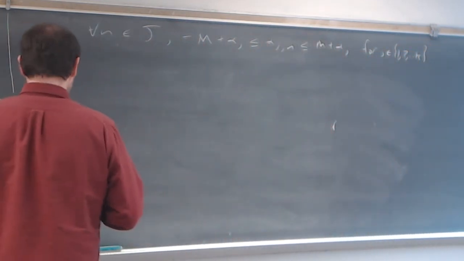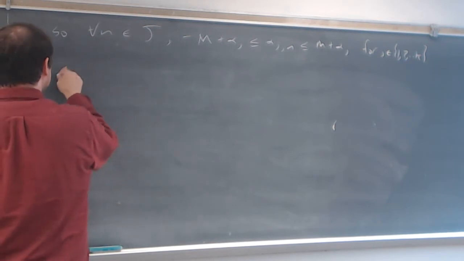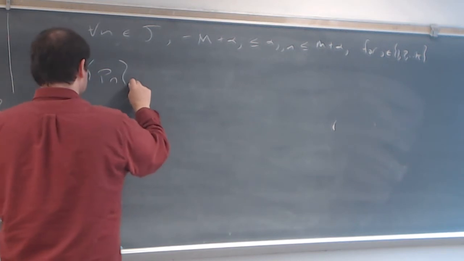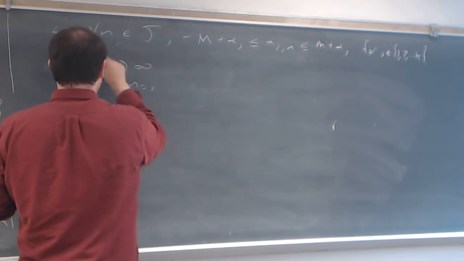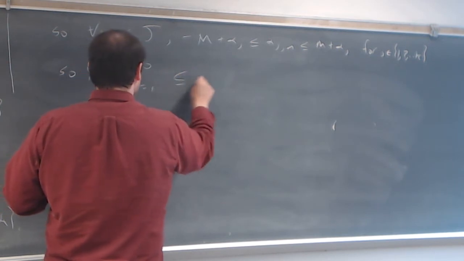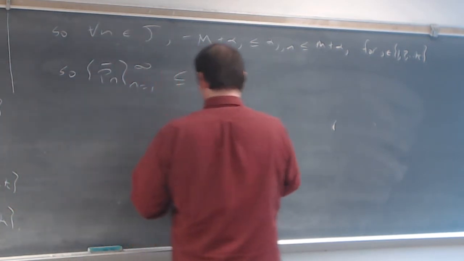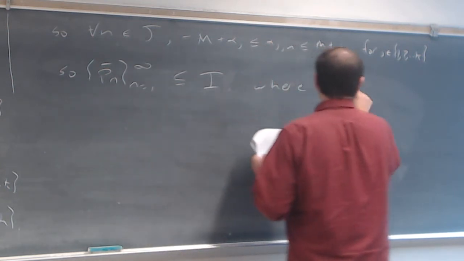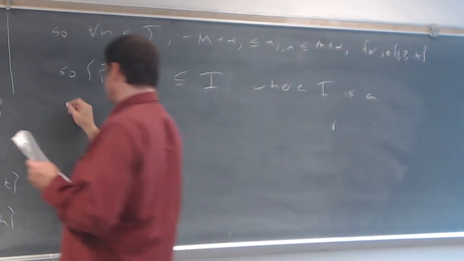Okay. So what we get is that the sequence P sub n is a subset of some I, where I is a k-cell.